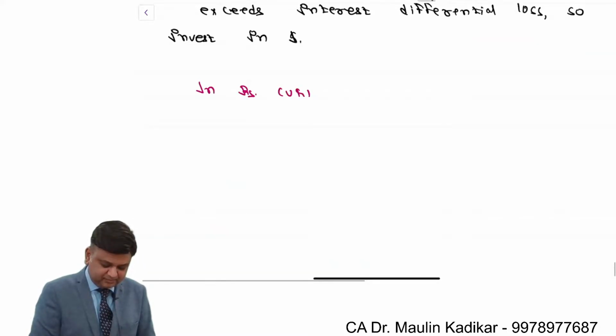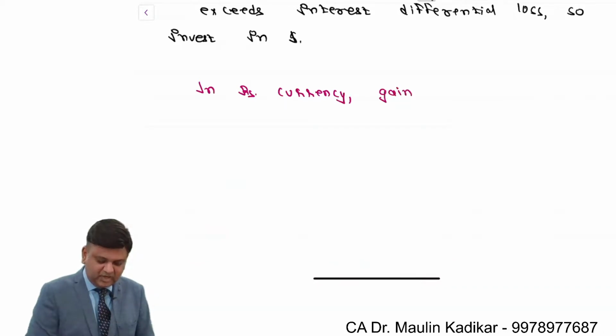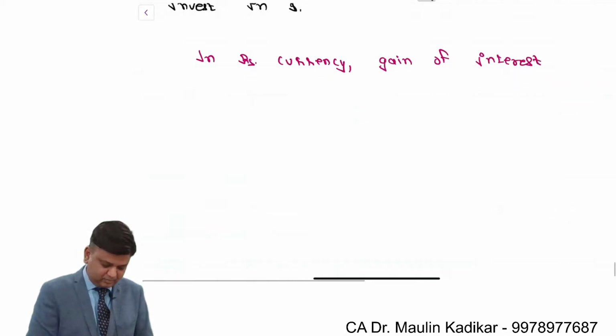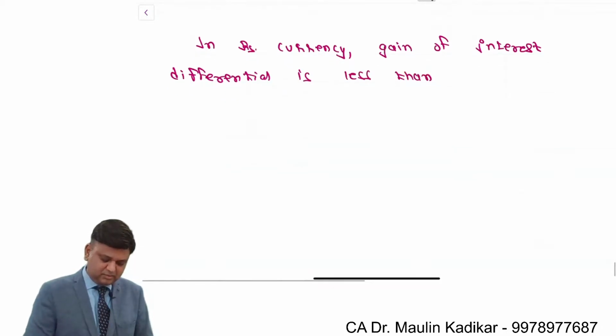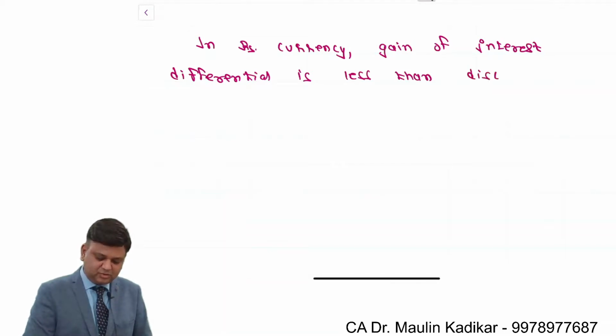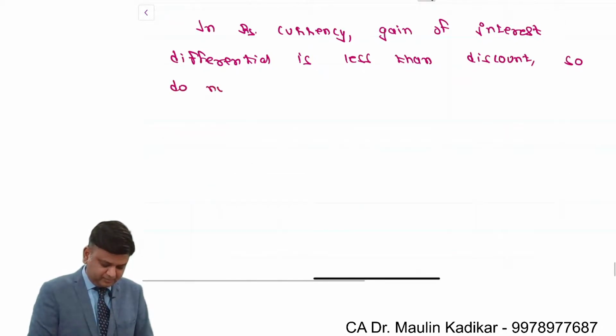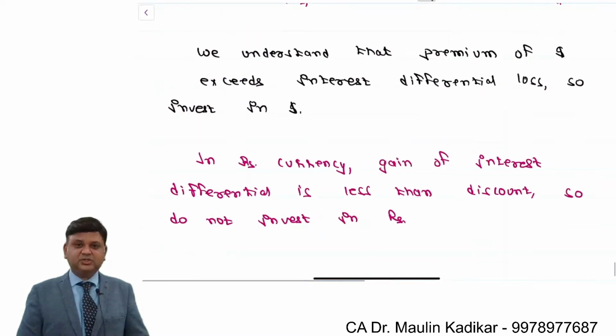In rupee currency, gain of interest differential is less than discount, comma, so do not invest in rupee. This is the logic that we understand.